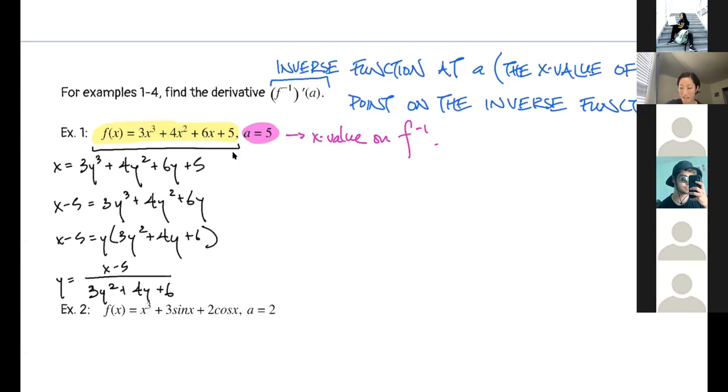Not really, right? We got one of the y's. In particular, we got this y by itself. However, we still have x's and y's in the mix over there.